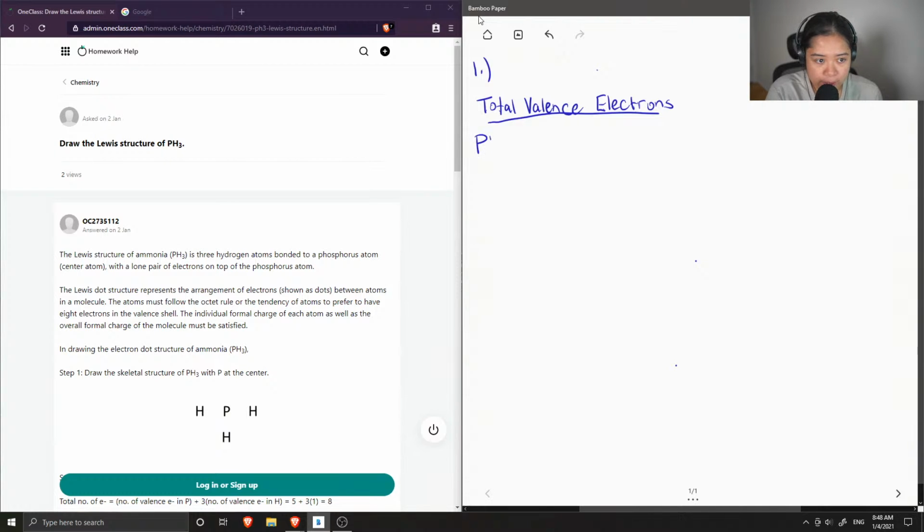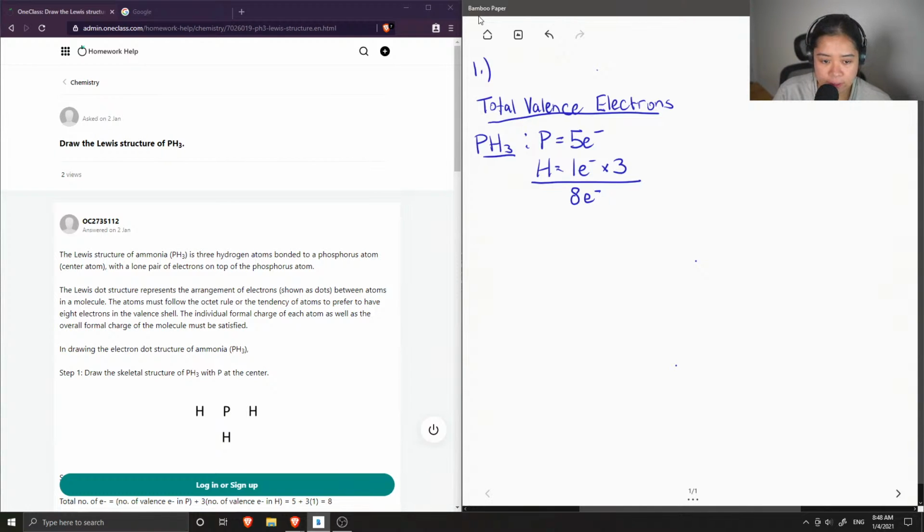So for PH3, we have phosphorus, which has 5 valence electrons, and we have hydrogen, which has 1 valence electron, and 3 hydrogen atoms in total. So we have 8 valence electrons in PH3.